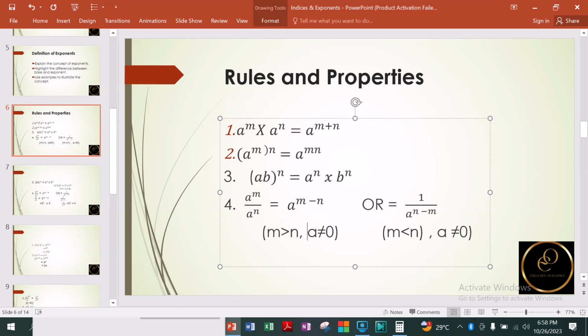If you elect to transpose the powers in this manner, then m should be less than n for it to hold. So that's how it is. Then a should not be equal to 0. Yeah, so that's what you should remember.